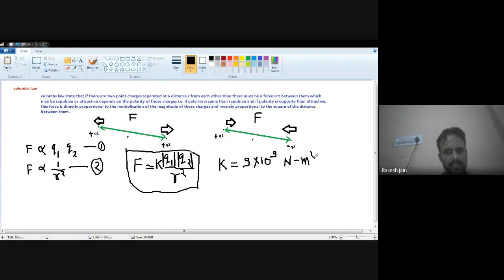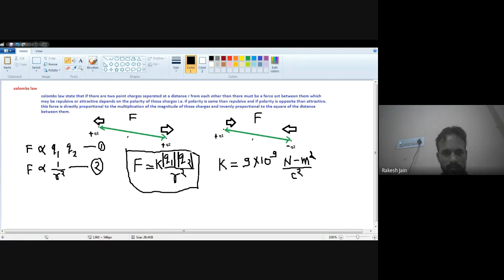It is not minus, it is Newton and meter square. So with the help of this formula, we will solve certain numericals which come in front of us.